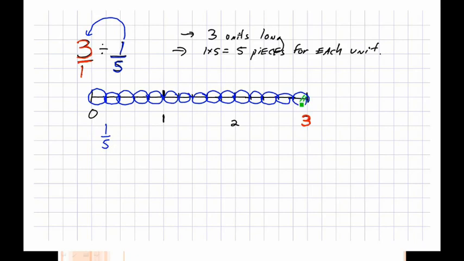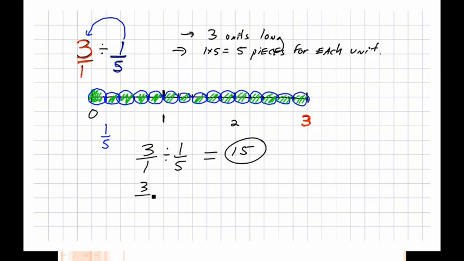So hopefully, if this model is correct, if I take my 3 and divide it by 1/5, I should get 15. Well, let's see. Do that mathematically.